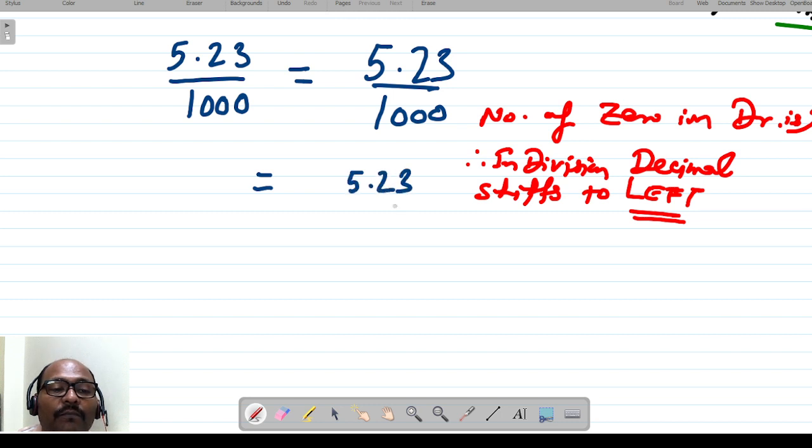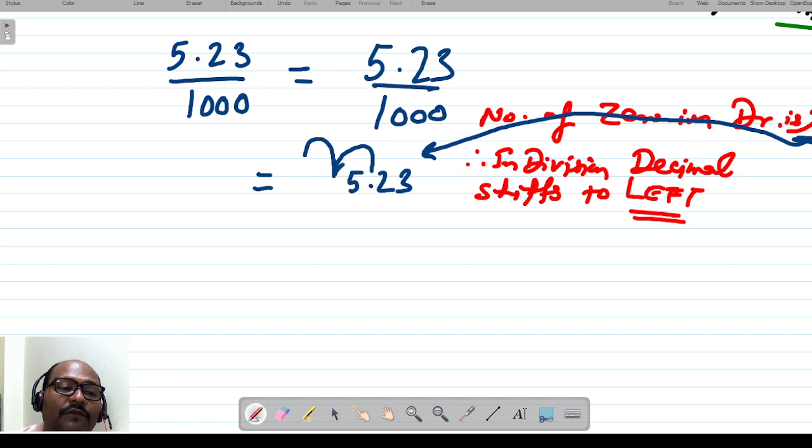The number of zeros is 3, so the decimal will jump 3 places. In one jump, it will come before 5. After that it will take another jump, no number is there, so put a 0. And when no number is there, put another 0, right?